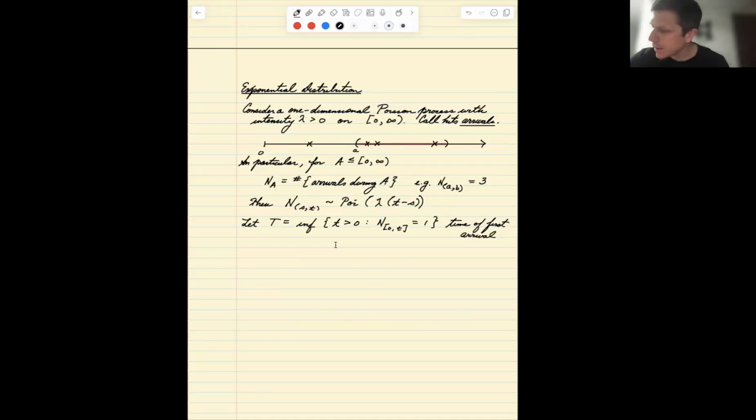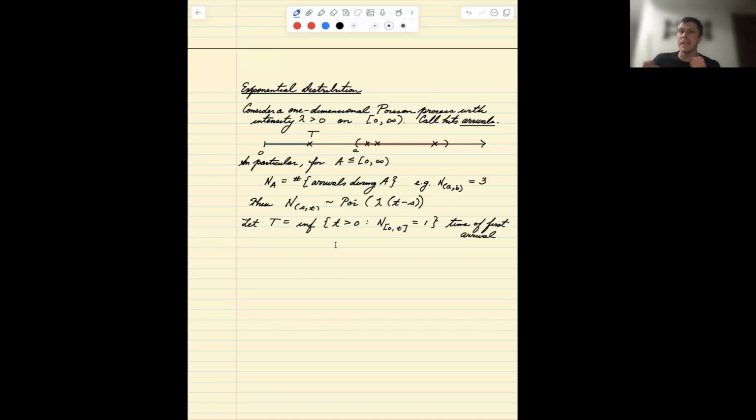Up here, this first arrival would be equal to t. It took us this much time to get to the first arrival. And this is the mathematical way to write that, because it's a counting process.